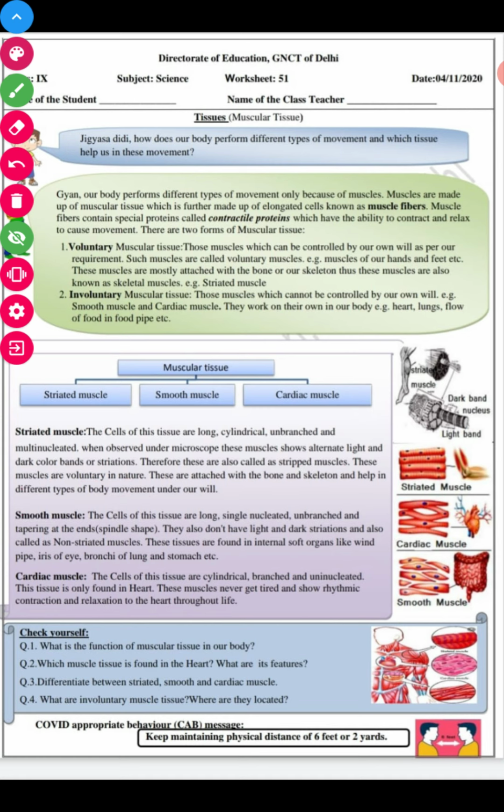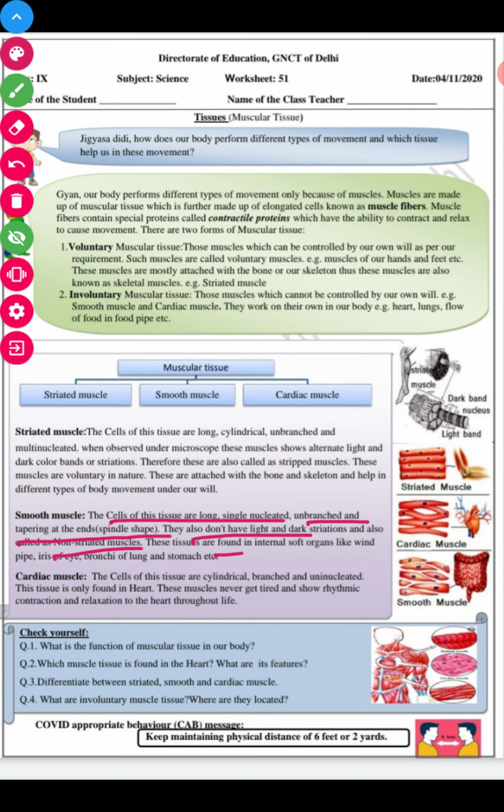Second, we have smooth muscles. The cells of this tissue are long, single nucleated, unbranched, and tapering at the ends. See, this is tapering at the end. They do not have light and dark bands, and are also called non-striated muscles.